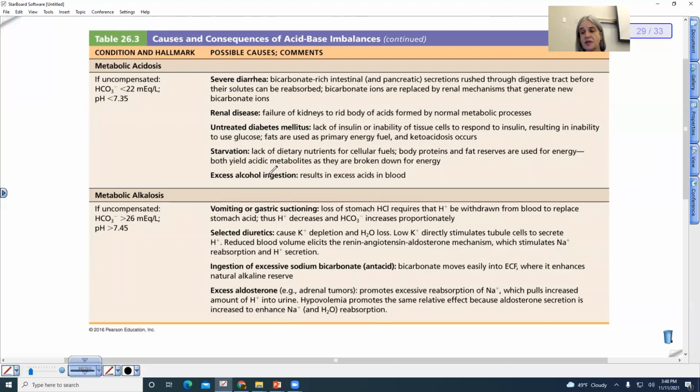Metabolic alkalosis would be if you're vomiting, or like if you've overdosed and you've had your stomach suctioned, then you're getting rid of hydrochloric acid. So then your body has to replace that hydrochloric acid by taking it out of your blood. And so your blood pH is going to go high. You could have diuretics that reduce hydrogen ion secretion, which is going to also increase your blood pH.